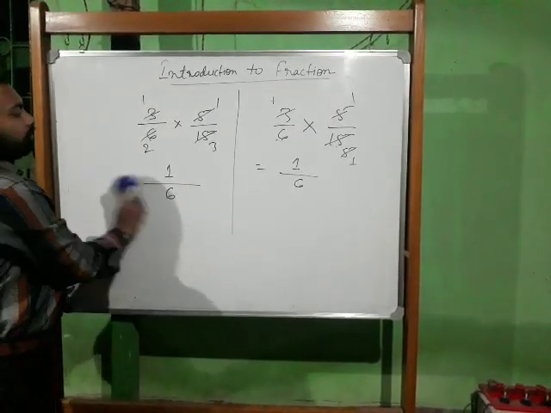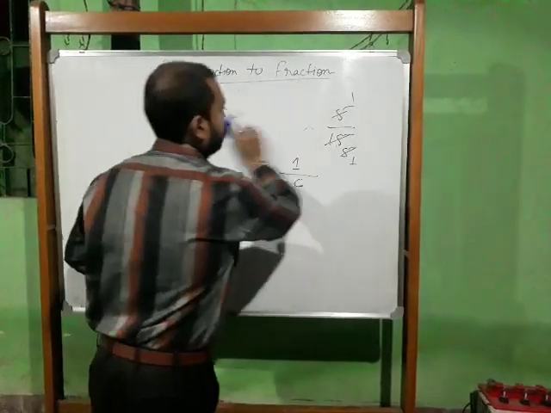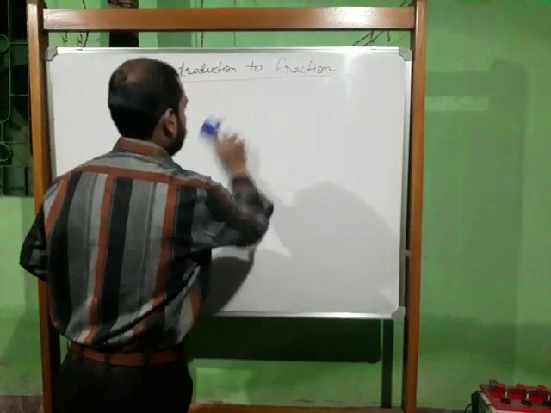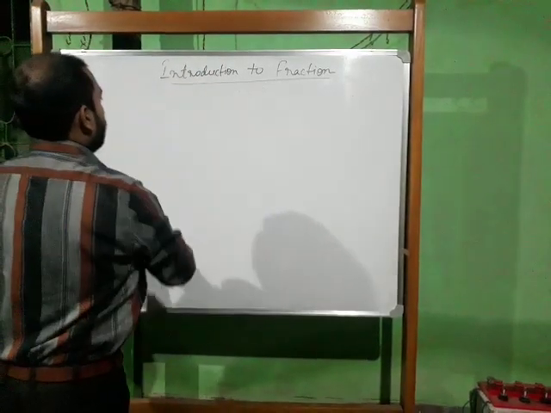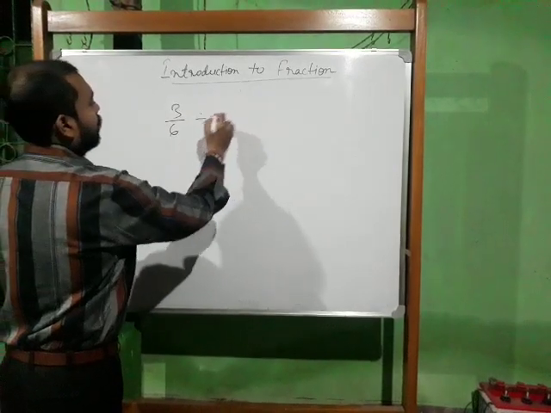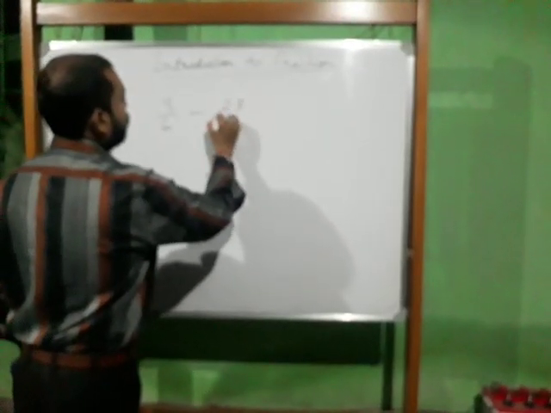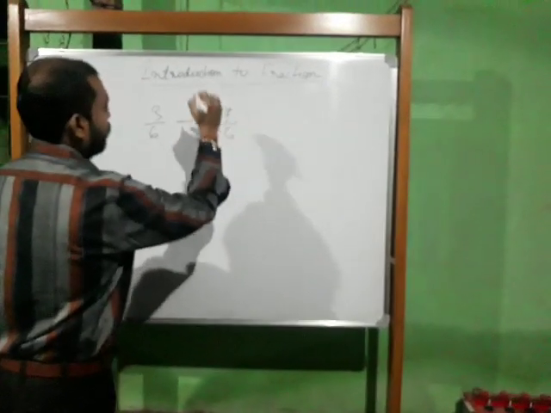Now how to divide two fractions. Suppose one number given is 3 by 6 divided by the next number, 27 by 36.